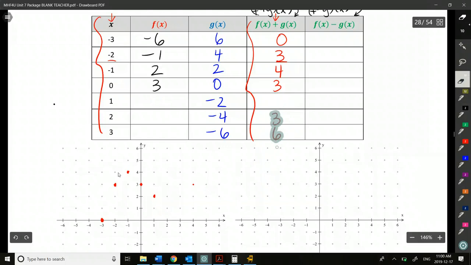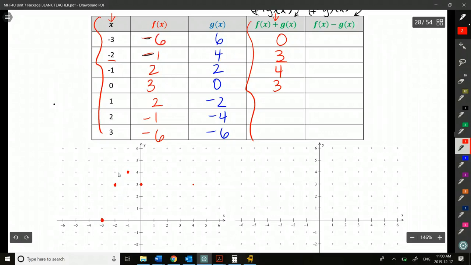Okay, so we have to fix this. So 2, negative 1, and 6. Yeah? Okay. And negative 6. So that changes this, right? Because we have to do negative 2, positive 2, negative 1, negative 4, and negative 6 and negative 6. That's negative 12.